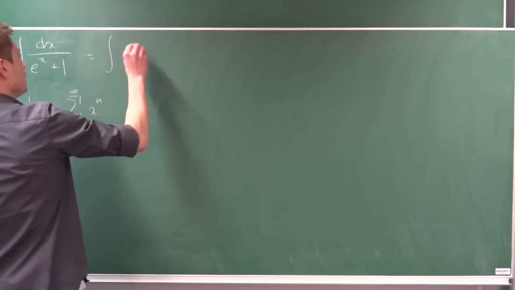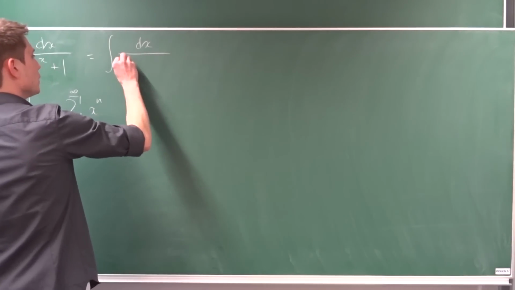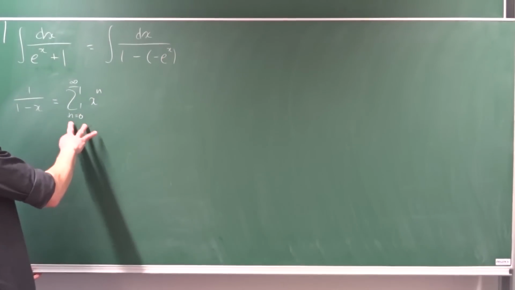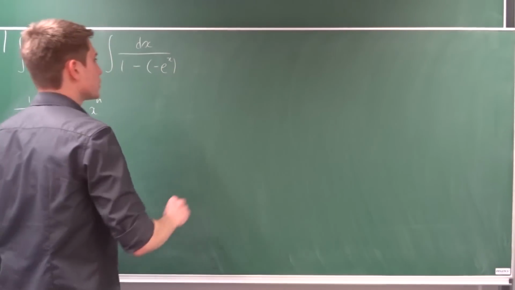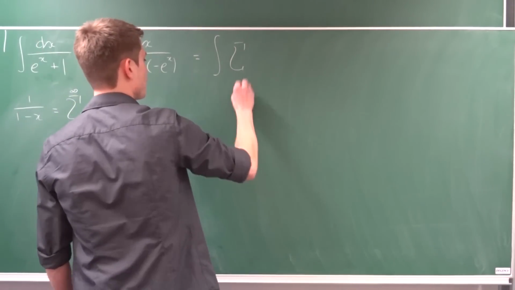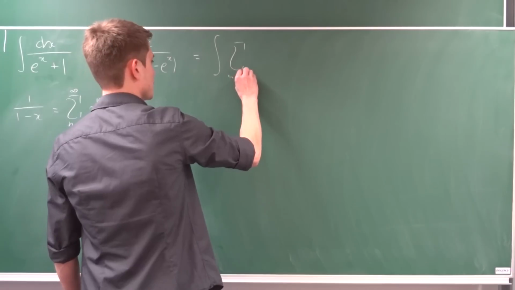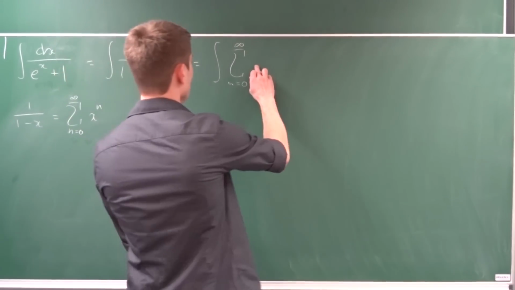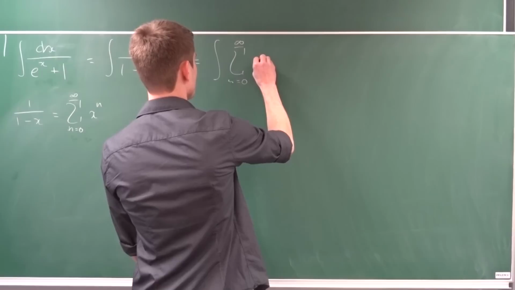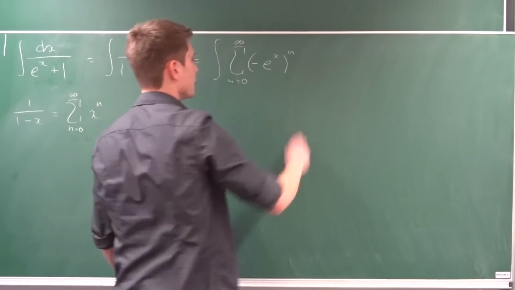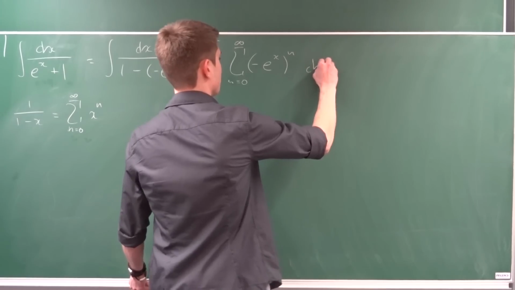So this is the integral of dx over 1 minus e to the x. And now we use this property without any restrictions. So this is the integral of the infinite sum from n equals 0 to infinity of minus e to the x to the nth power dx.